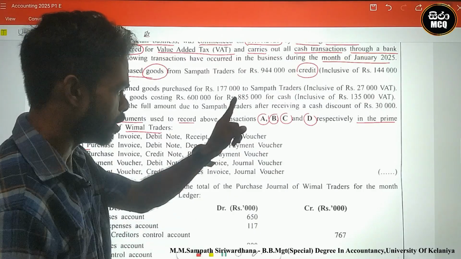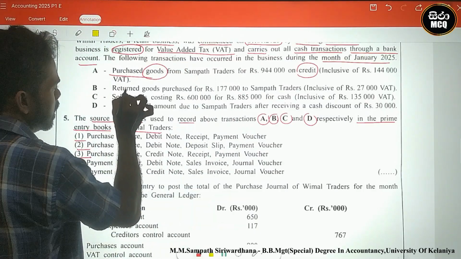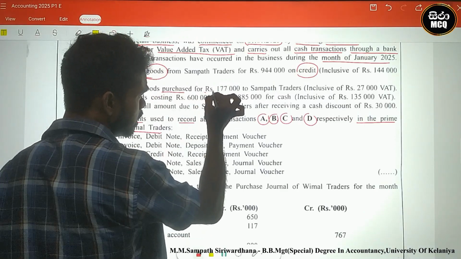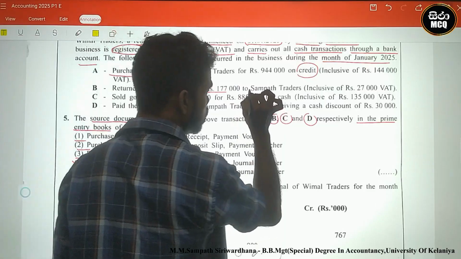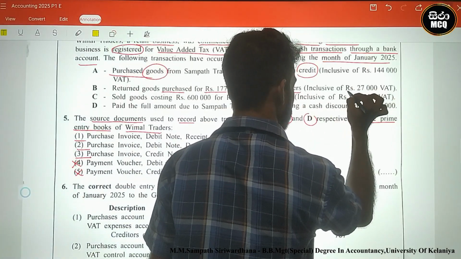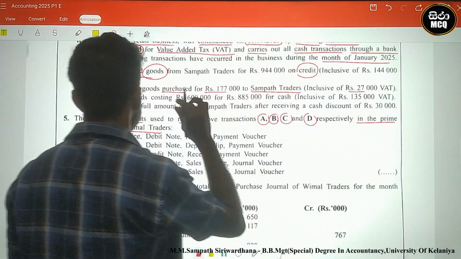Look here, second one, B: returned goods purchased from Sampath Traders for 177,000, inclusive of rupees 27,000 VAT.